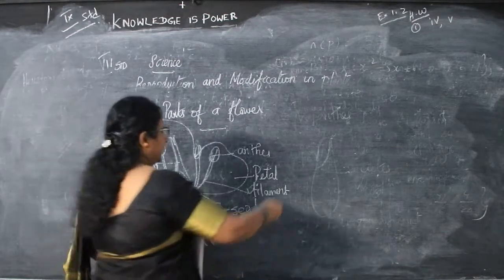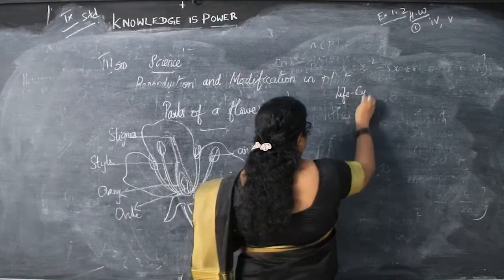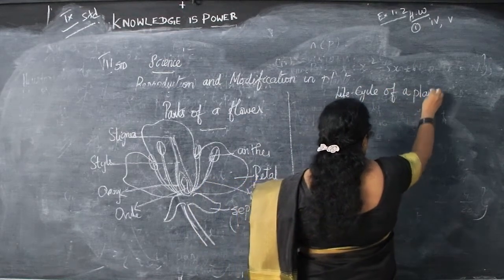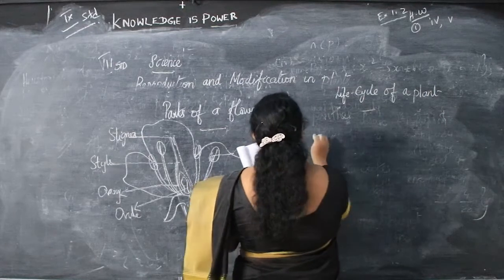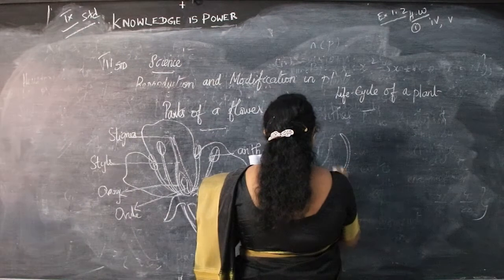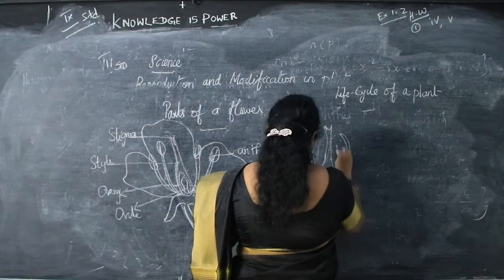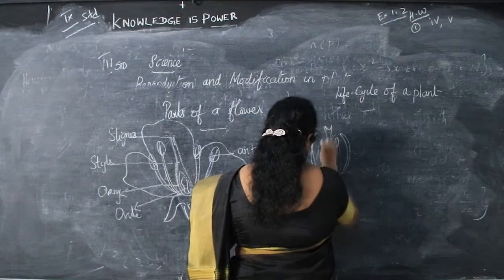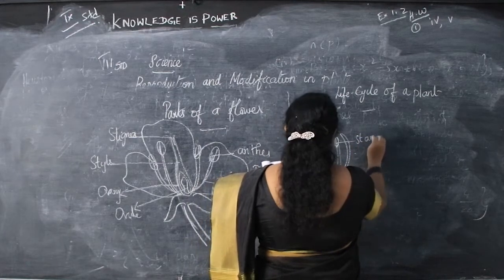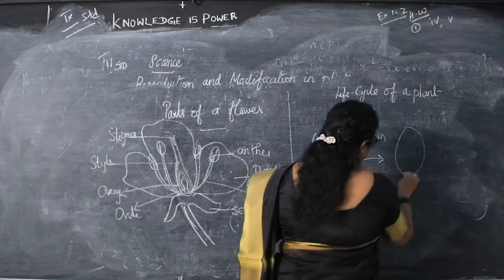And I will draw the life cycle of a plant. So this is a flower. This is the stamen. Next is the anther.